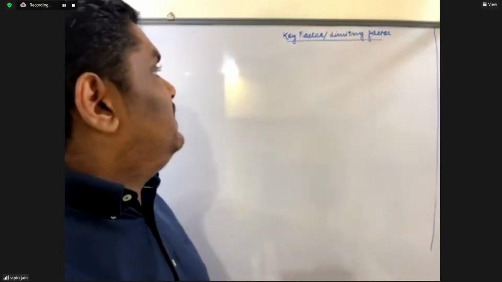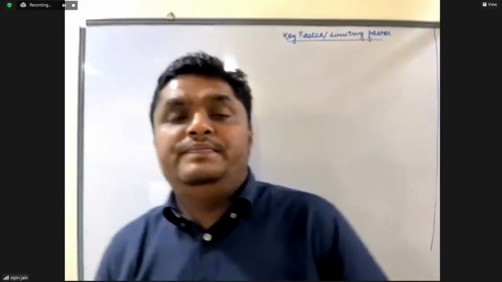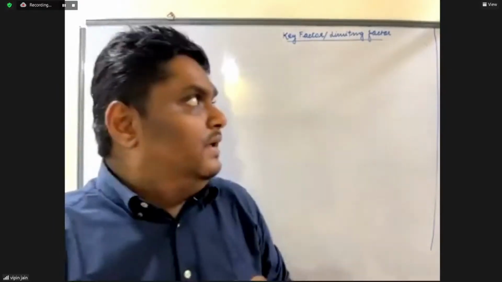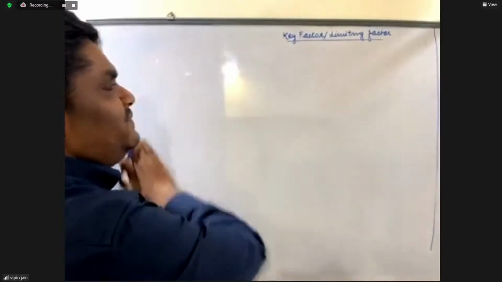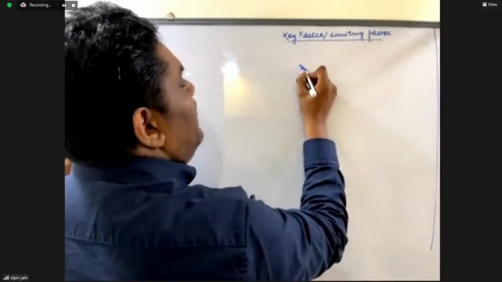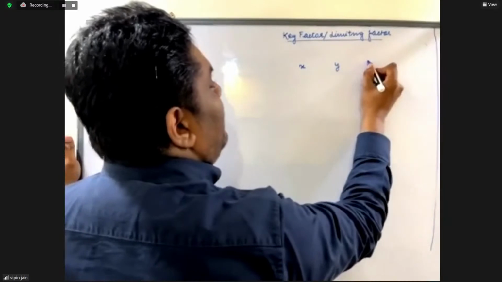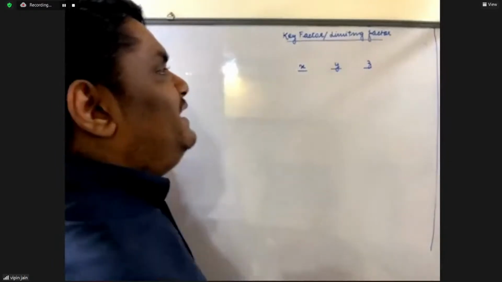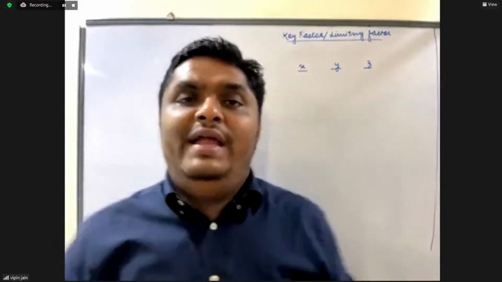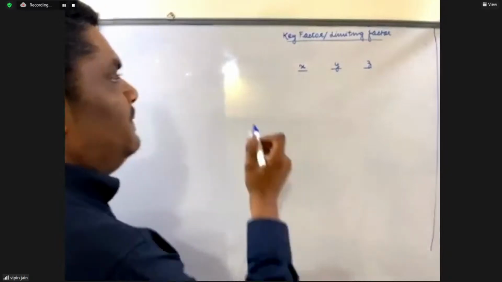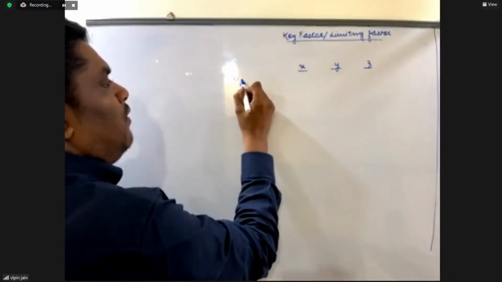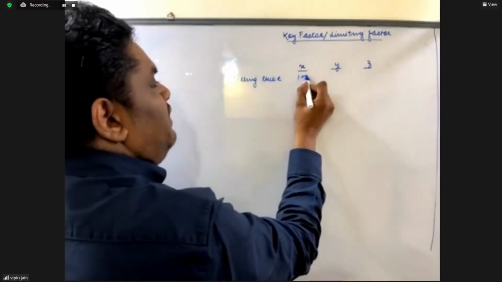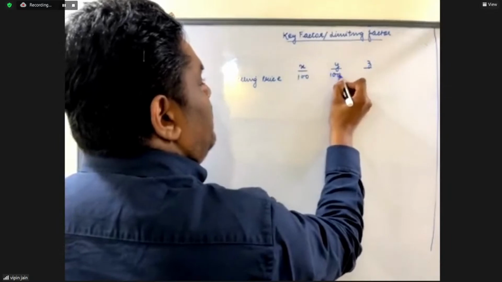So now let's start with the key factor or limiting factor. Let me discuss this with the help of a concept. Let's say I manufacture 3 types of product: X, Y, and Z. And let's say my selling price per unit is 100, 100, and 100.